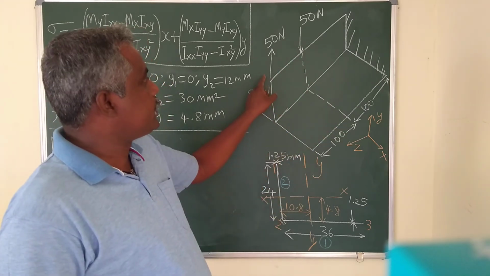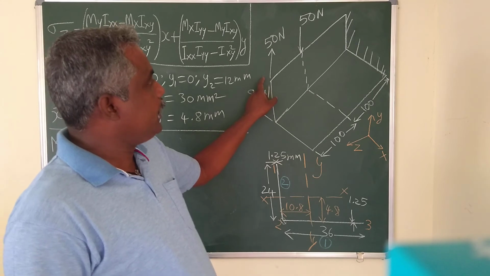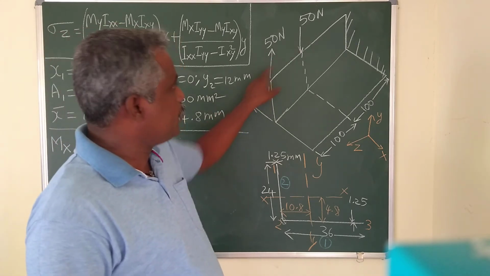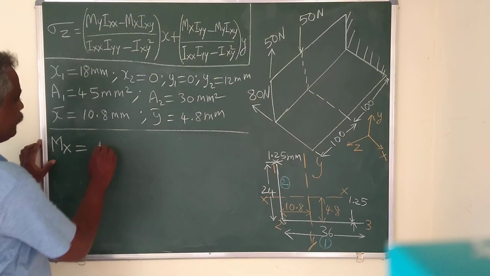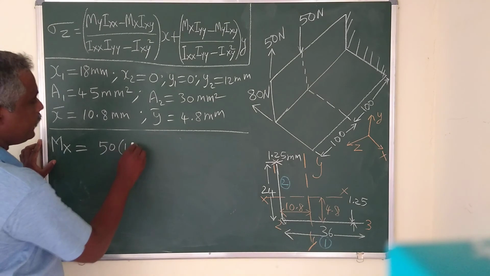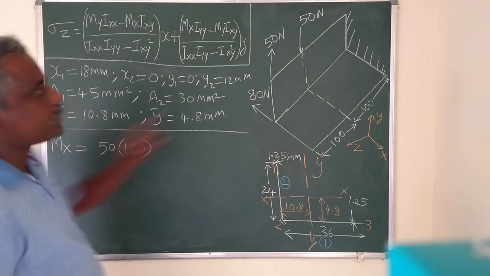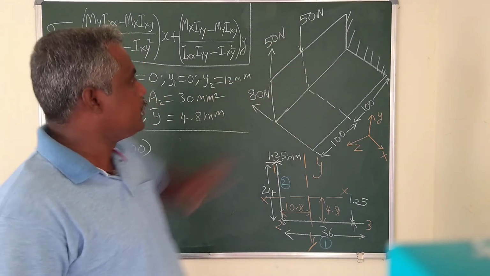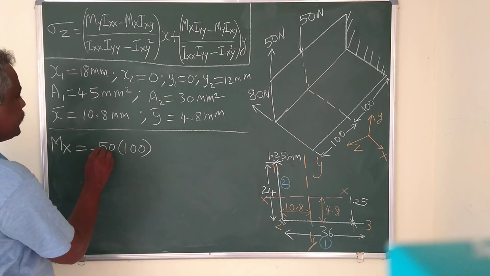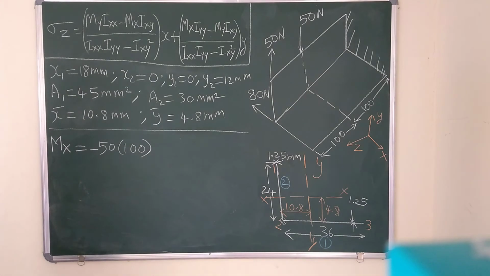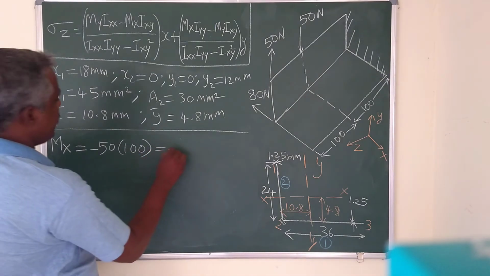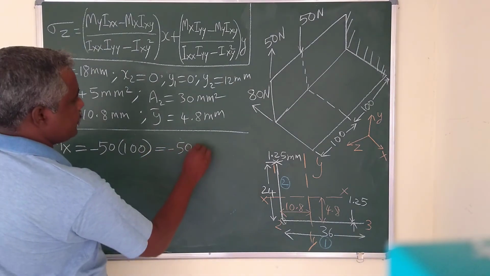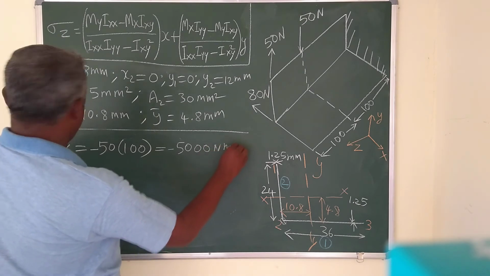Now this 50 is the load acting in y direction. 50 into 100, force into perpendicular distance, that produces a compression. So mx is nothing but minus 5000 Newton millimeter.